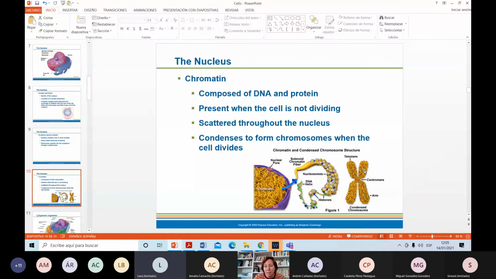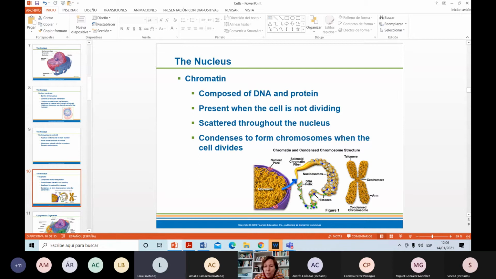They are formed by chromatin, so using chromatin. And what is the difference? That here chromatin is, what's the verb? Condensed. It is condensed, okay? It is coiled.